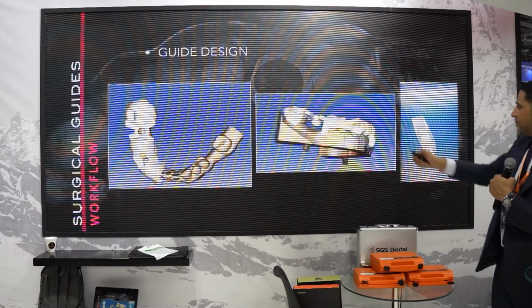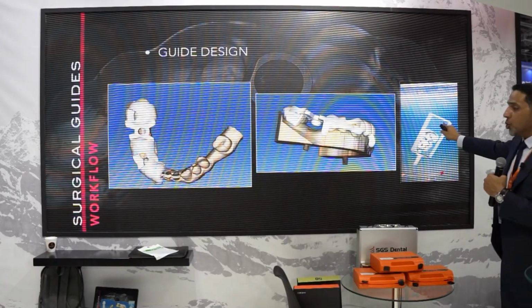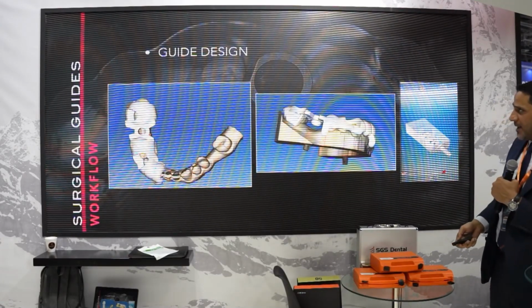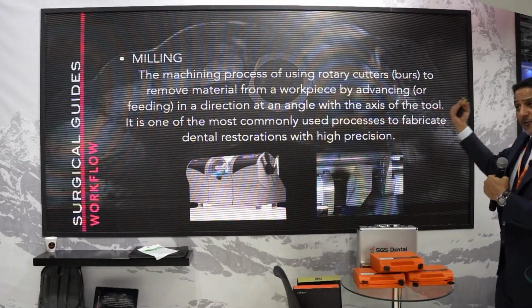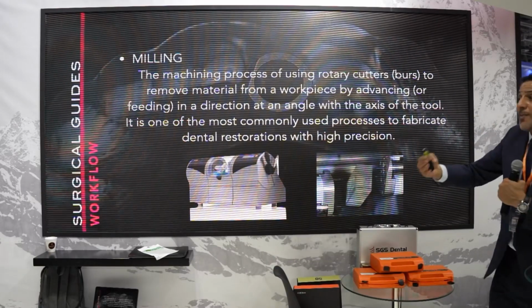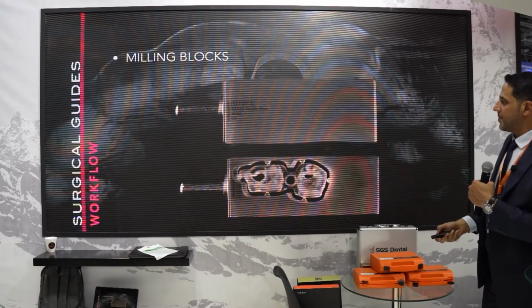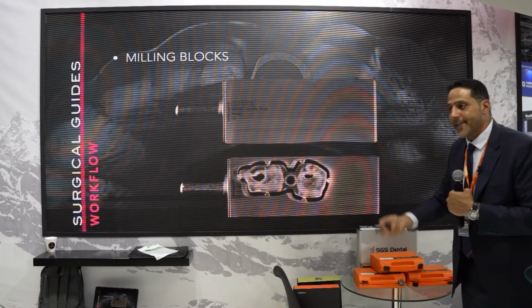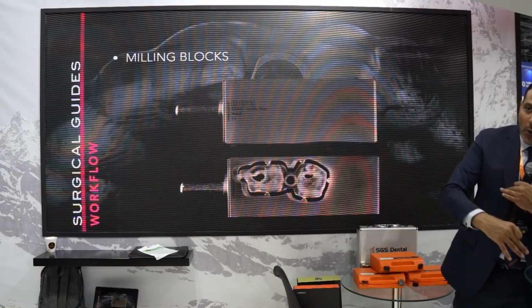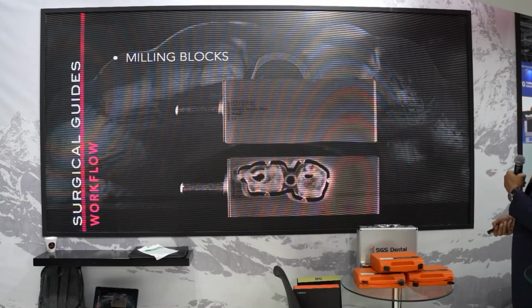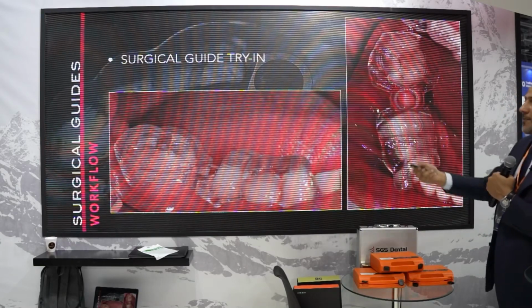Print the surgical guide, then use the Sirona block in the milling machine and mill it, which is removing. The first one is adding, printing. This is milling. This is the guide without a sleeve. I use it without a sleeve, so the accuracy is less than the one with the sleeve. Place it in the patient's mouth.